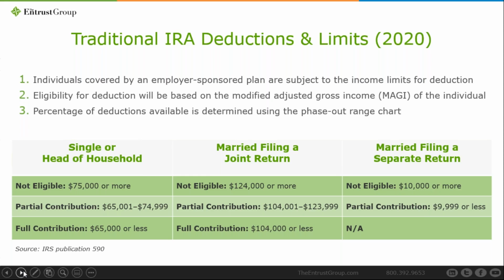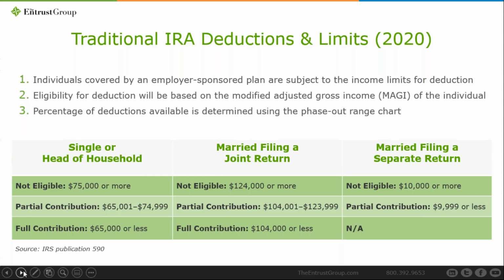If the modified adjusted gross income of the individual is $65,000 or less, even if they're covered by an employer-sponsored plan, their contribution is fully deductible. Yay! If an individual has modified adjusted gross income that exceeds $65,000, that'll begin to phase out the opportunity to deduct their contribution. In other words, they will only receive a partial deduction. If their income or modified adjusted gross income exceeds $75,000, that tells the taxpayer that their contribution is not deductible at all.